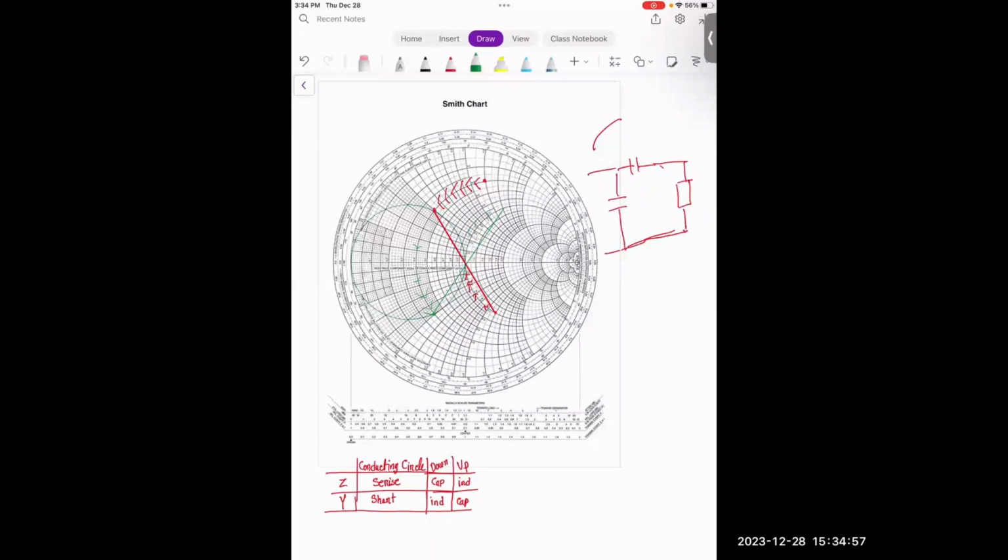So for the LC matching, we can follow the chart.